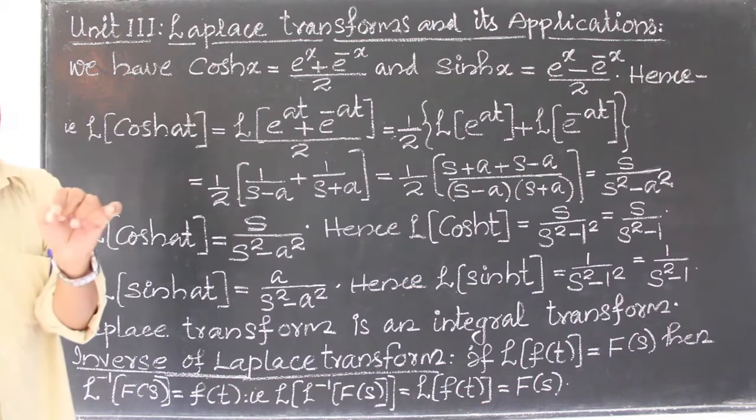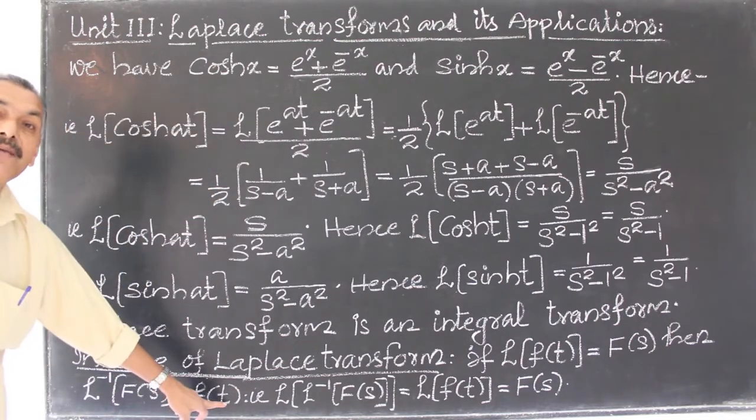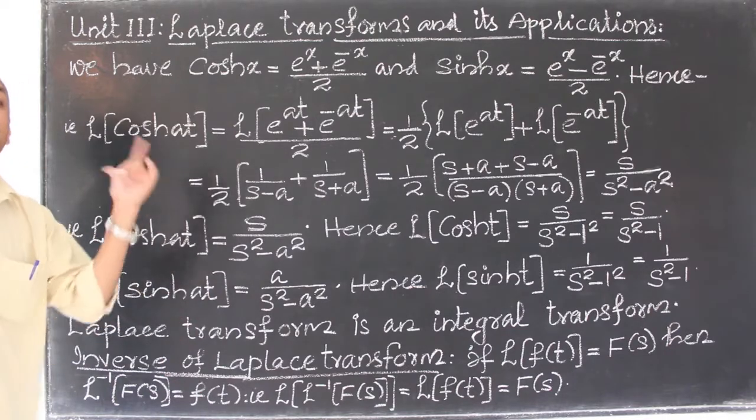Then L inverse will be in terms of t, right. L inverse of F of s is equal to what? It will be f of t. Now the Laplace transform of a function f of t is equal to what? It will be F of s.